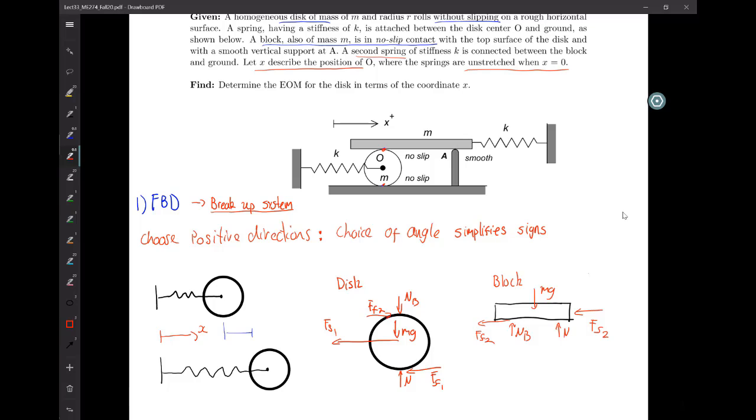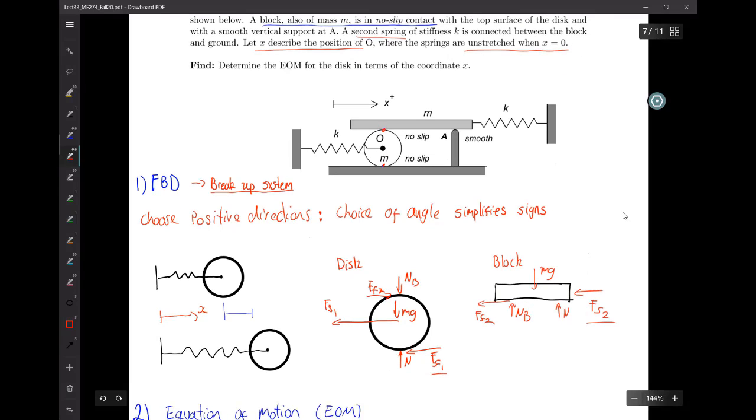Okay, so we have to take care of these two spring forces. Now the spring force F1, Fs1, is going to be equal to kx, but I don't know what this x is.